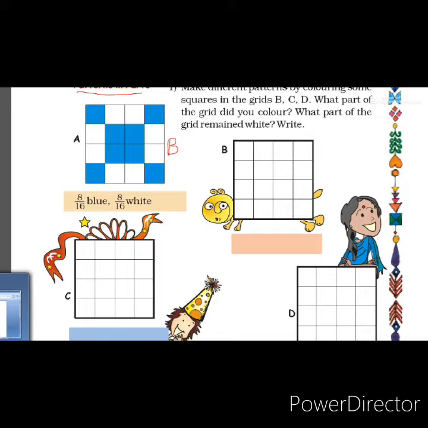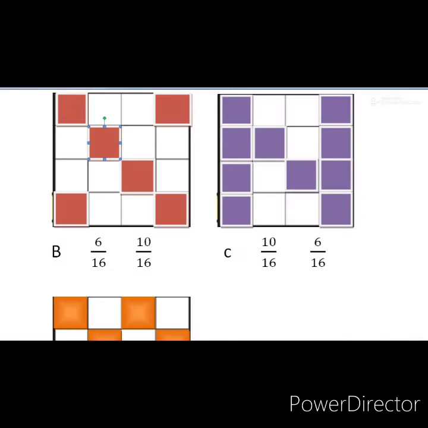Students, I will show how I have colored or made the pattern in different ways. I will show it on another page. See, this is box number B. Here, out of 16, I colored 6 boxes with red and 10 boxes I have not colored, that means white color.